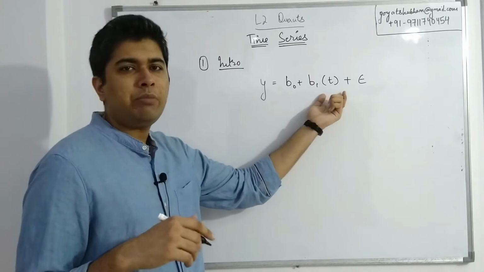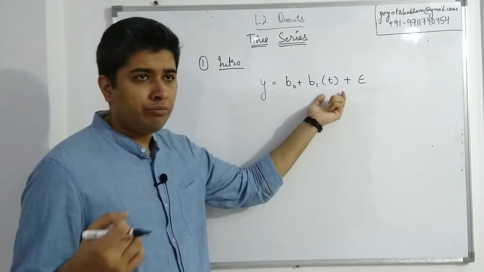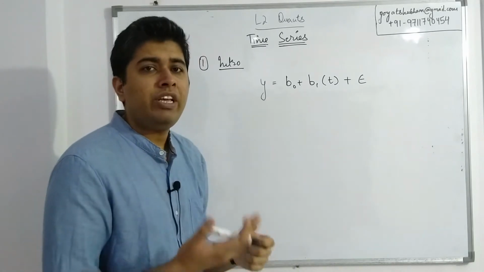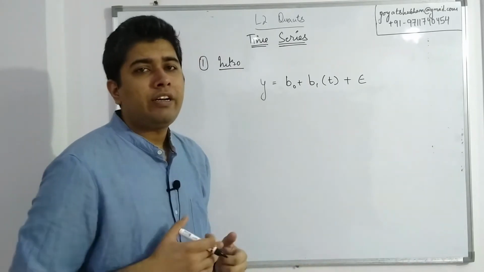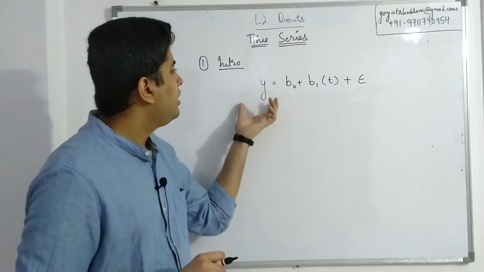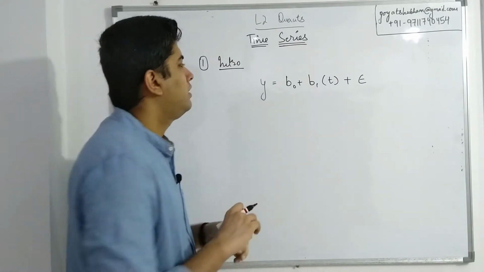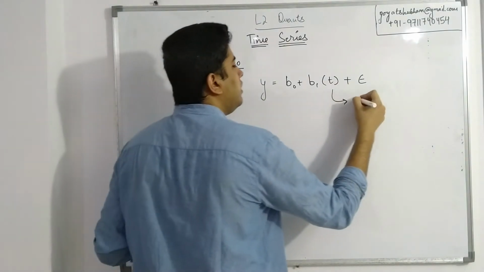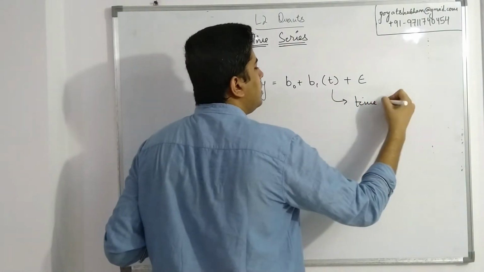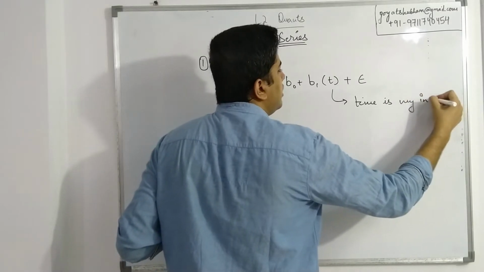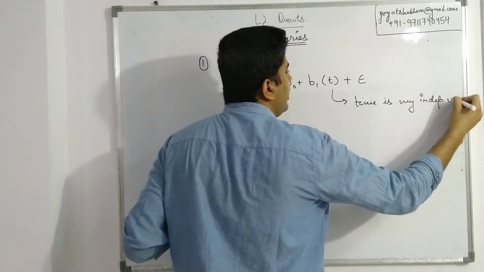Our independent variable in case of linear regression used to be x. We had a different data set that we used as an independent data set to predict the values of the dependent variable. In this case, time is my independent variable.